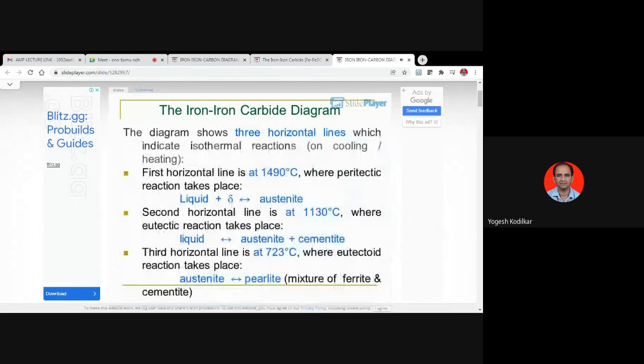The third is at 723 degrees Celsius, where the eutectoid reaction takes place: austenite goes to pearlite, a mixture of ferrite and cementite.